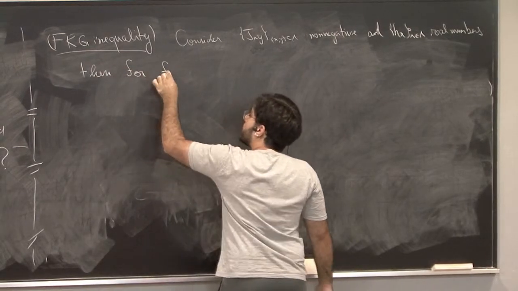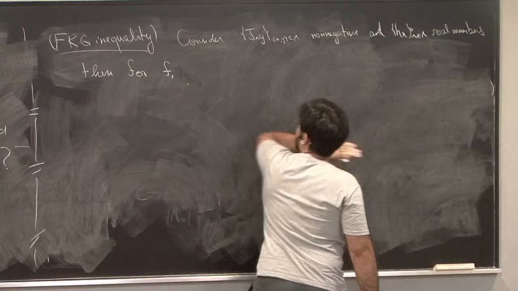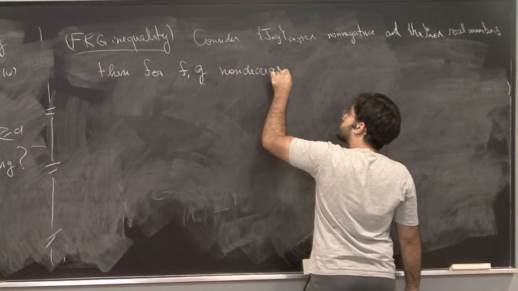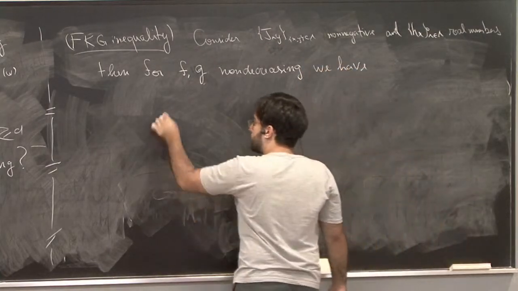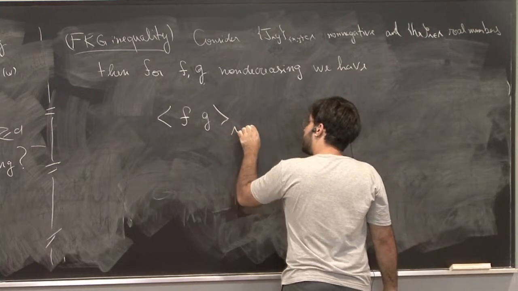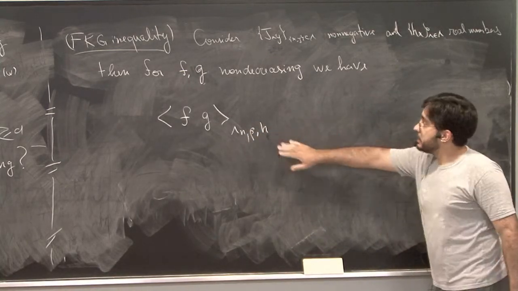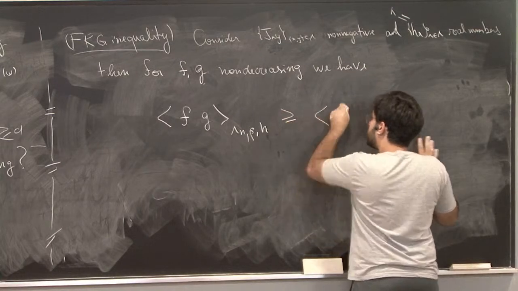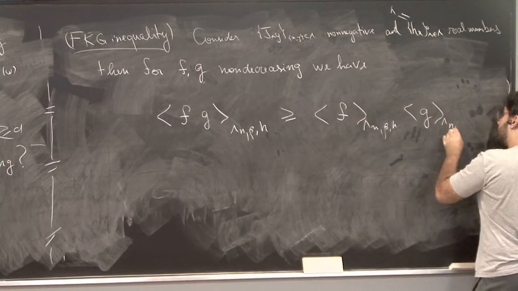Then for f and g non-decreasing, we have that the expectation of f times g in Λ_n at β and h, where I write h to denote this family, will be larger than the expectation of f times the expectation of g in Λ_n at β and h.